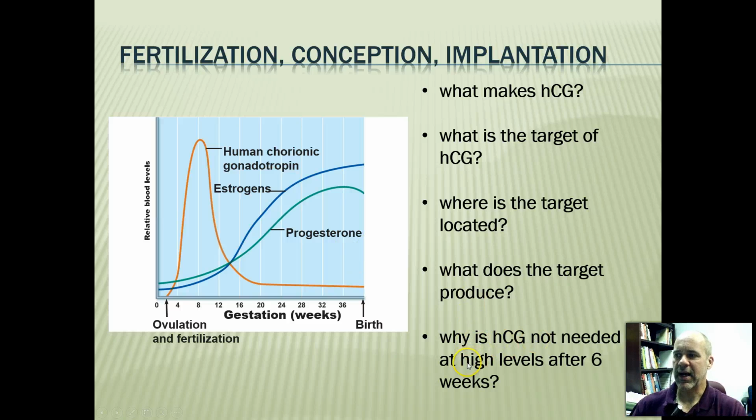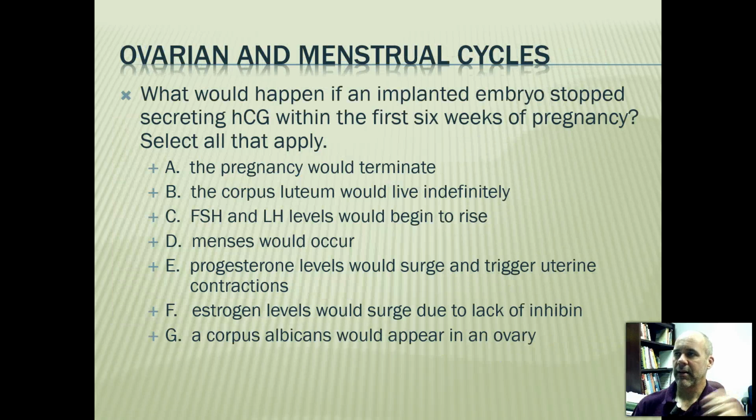Why is HCG not needed at high levels after 6 weeks? You kind of have a peak around the 6-week point. After that, you don't need it anymore. Corpus luteum doesn't need to stay alive. Why? Because the placenta starts making estrogens and progesterone for itself, so you no longer need those supplied from the corpus luteum.